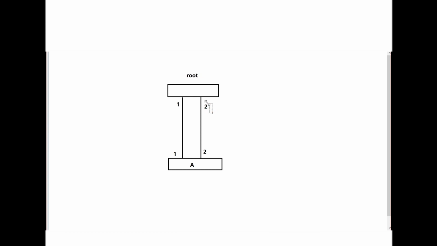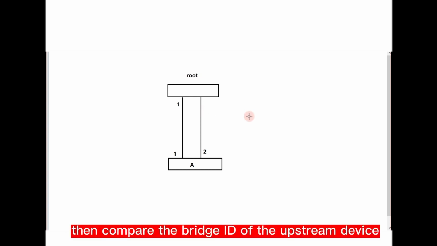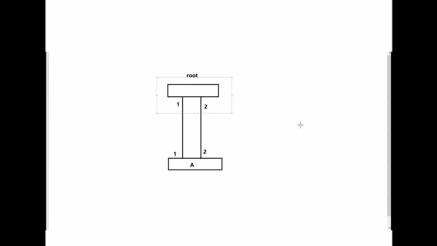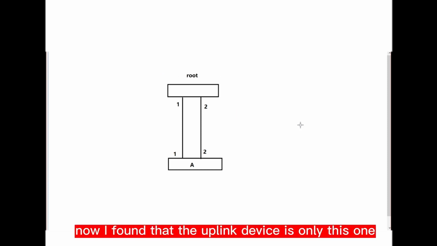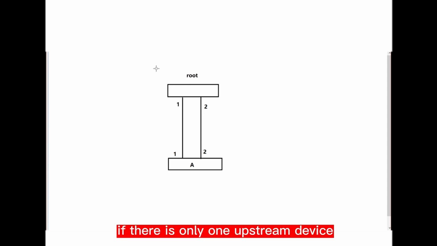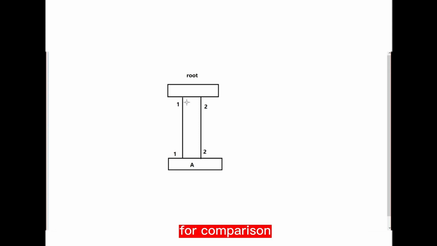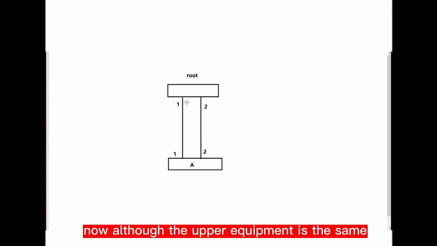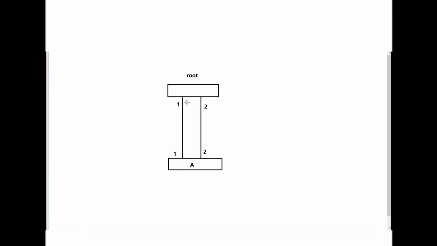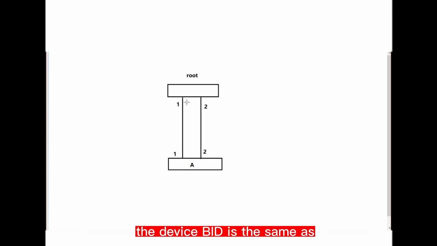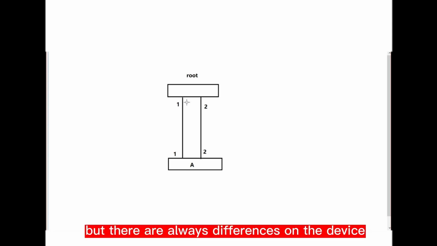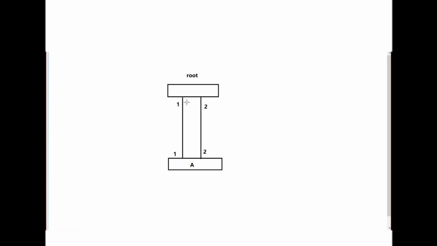Okay. Then compare the bridge ID of the upstream device. Now I find that there is only one upstream device. If there is only one upstream device, there is no way to compare. But we still have the port of the upstream device for comparison. Although the upstream device is the same, and the device bridge ID is the same, there are always differences on the device.